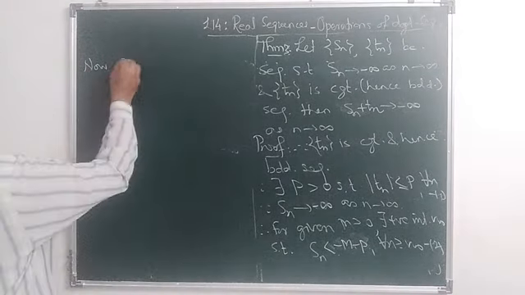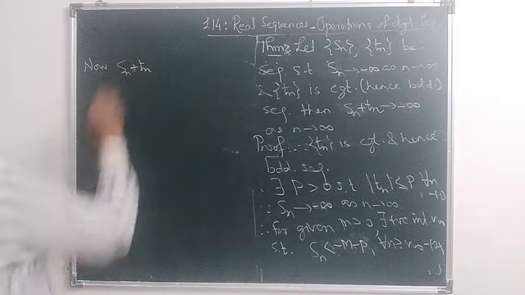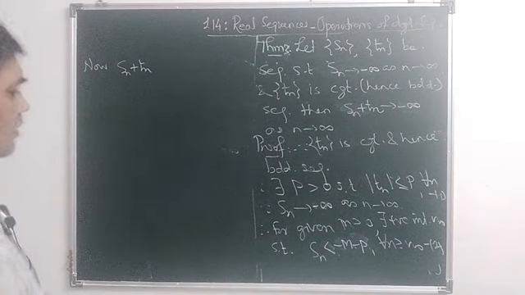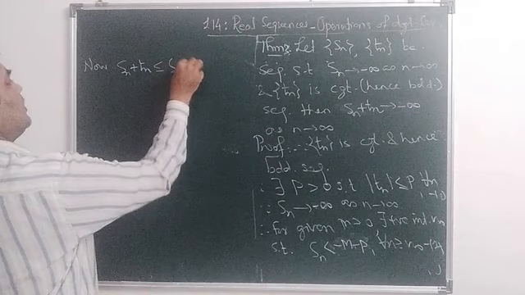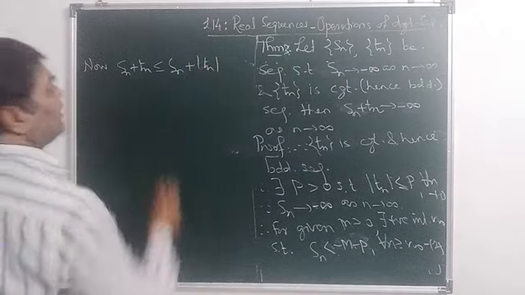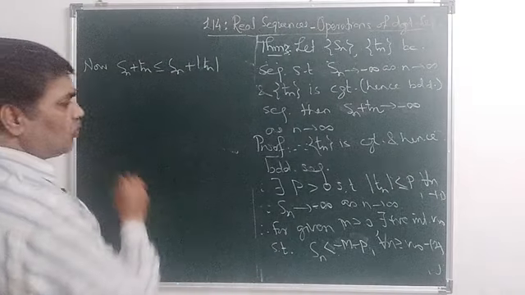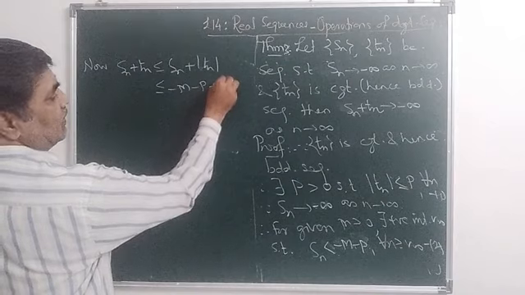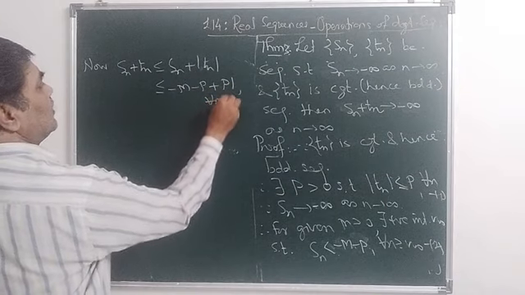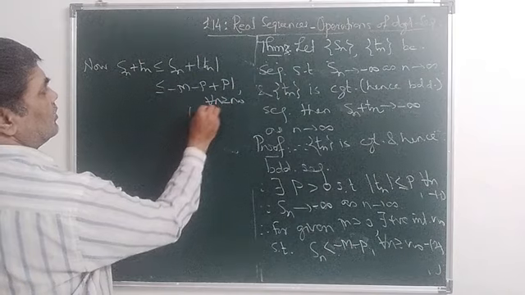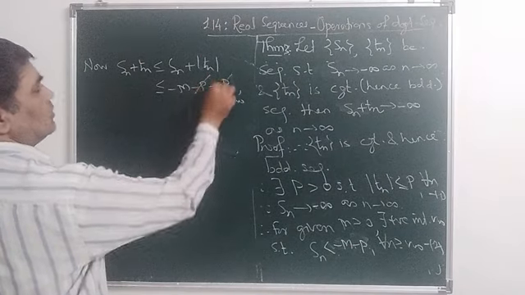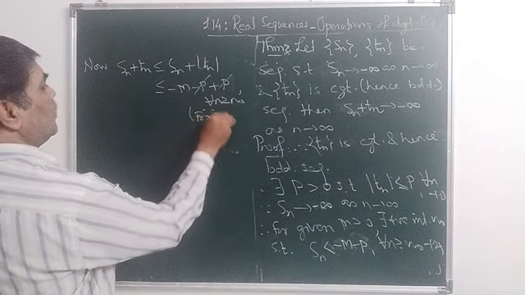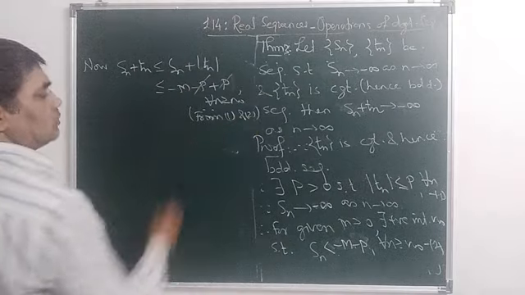Now Sn plus Tn is less equal Sn plus mod Tn. Right? Tn is always less equal mod Tn. So this is less equal minus m minus p plus p for every n greater equal n naught, from 1 and 2.